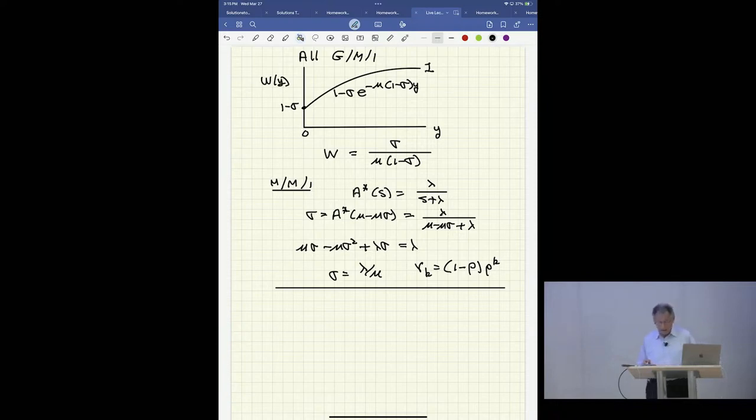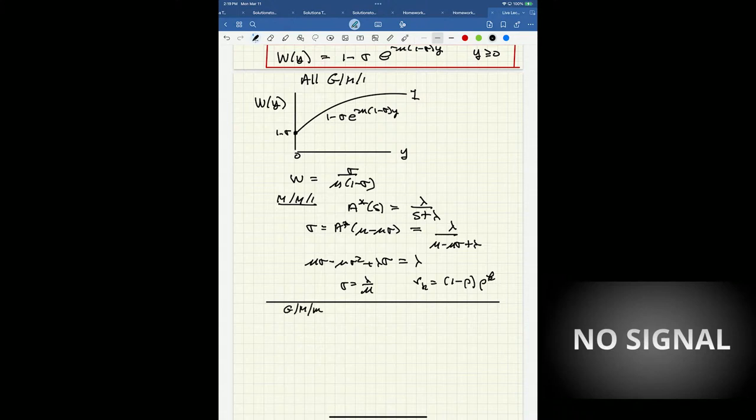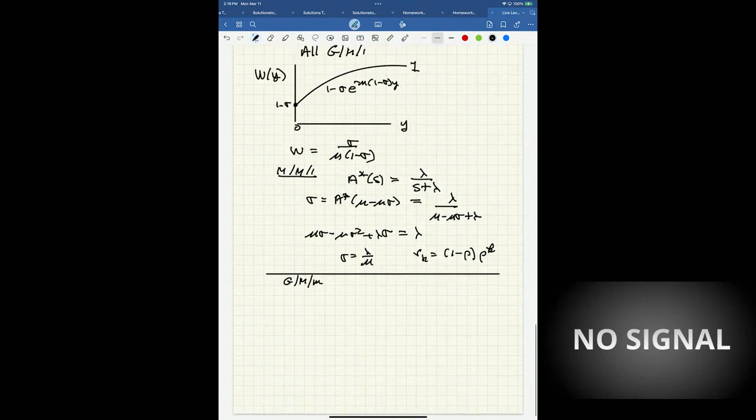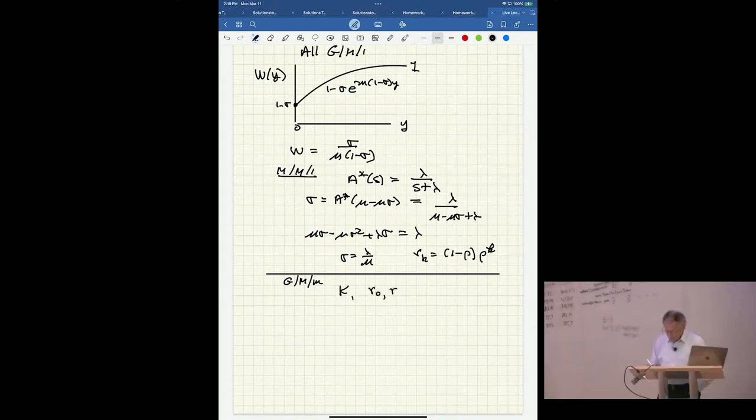Let's go back now to GMM. We have to find the boundary equations, if you will. It was K, R0, R1, up to R sub M minus 2.